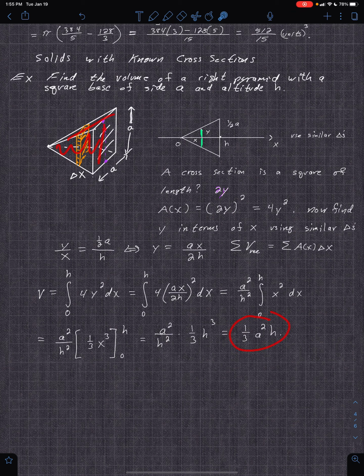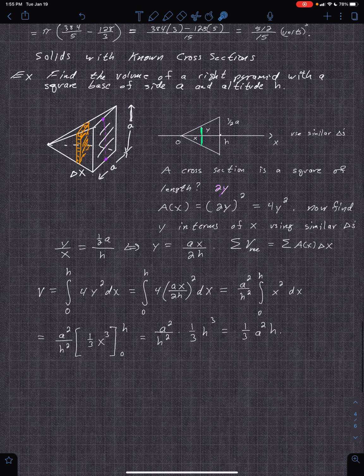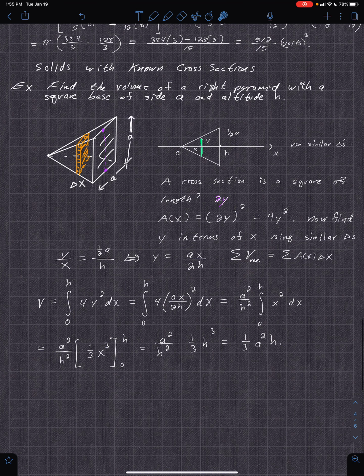Historically speaking, they would already know the volume of a pyramid, but this is the calculus way to prove it or show it. And that's another theme that we will see: known formulas from other methods can be shown by using calculus.